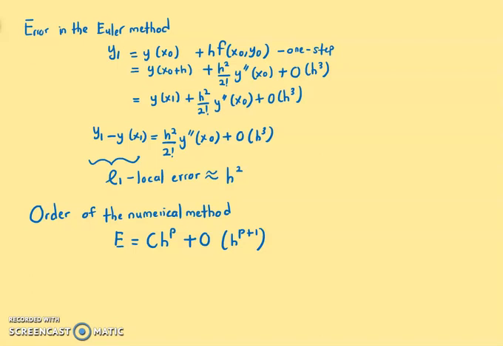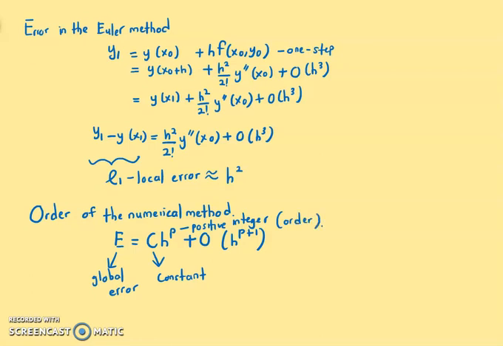E is the global error, C is just a constant, and p is a positive integer, which is also the order of the method.